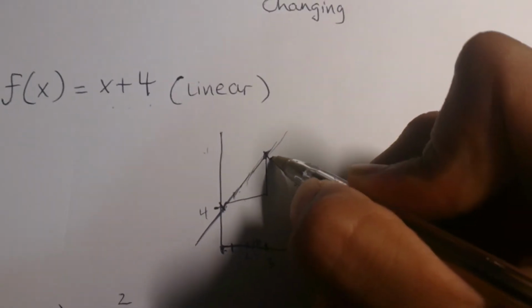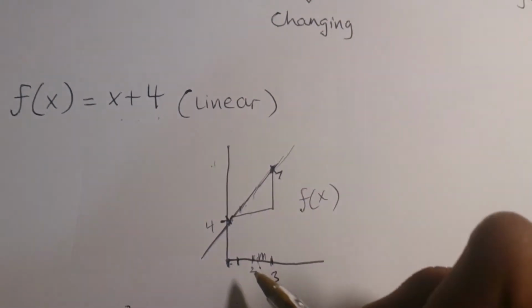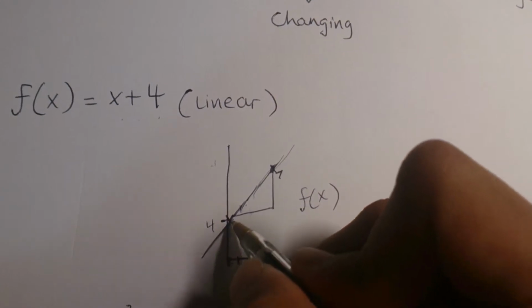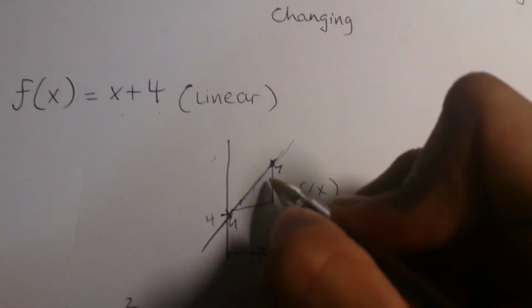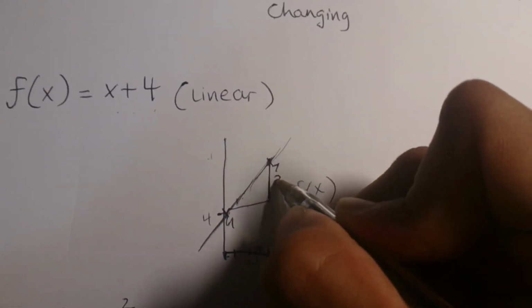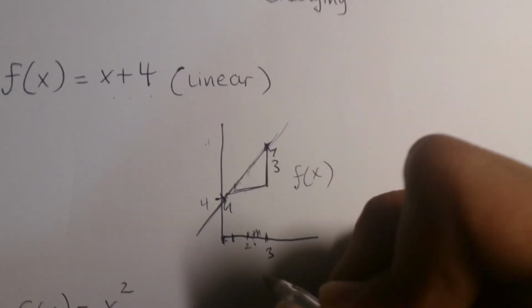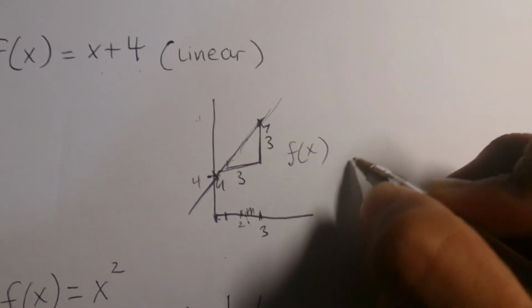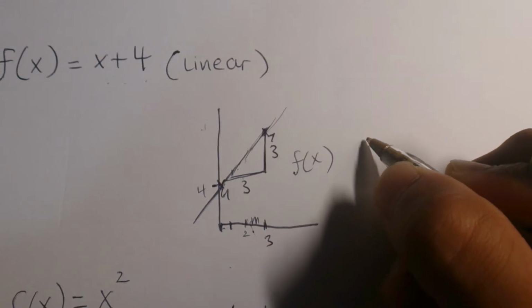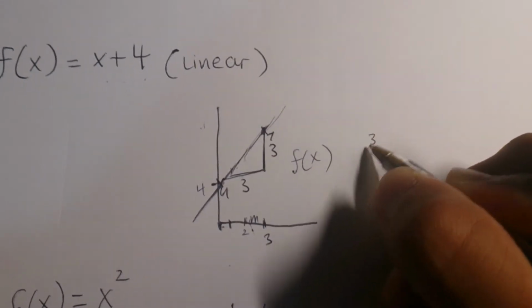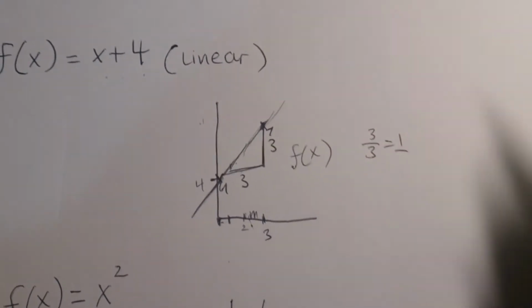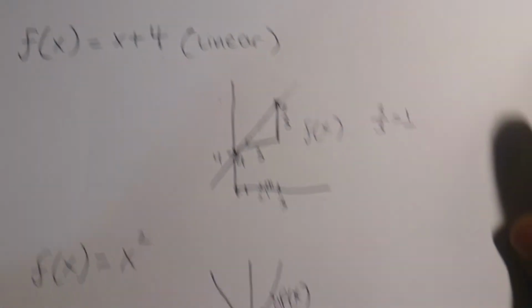At 3, y is 7. And at 0, y is 4. So the rise would be 3. The run would be 3 as well. And as gradient is rise over run, the gradient of this line would be 1. And that would give you the rate of change.